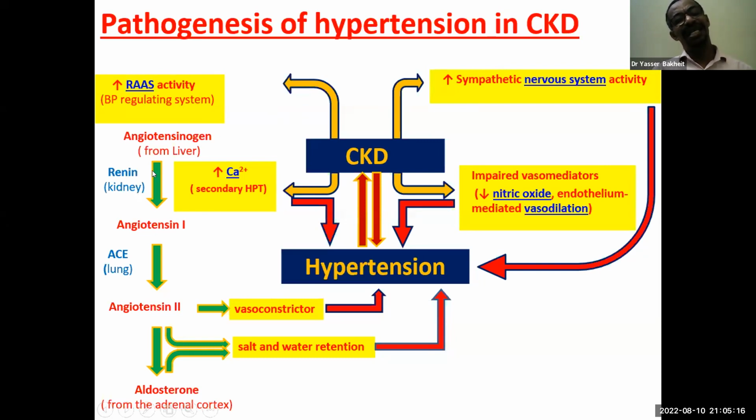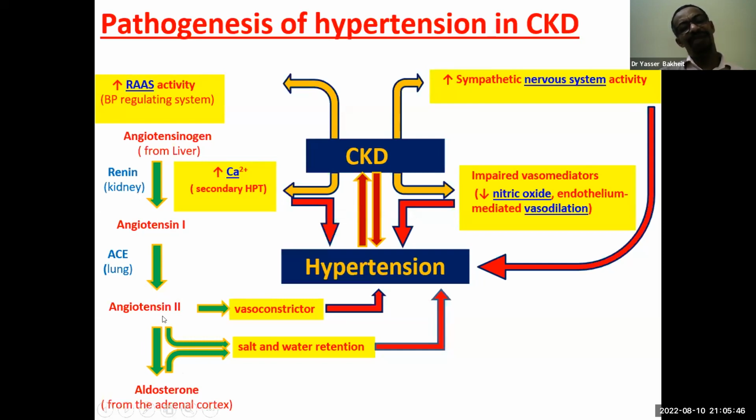which secretes renin in the kidney, which acts on angiotensinogen from the liver to form angiotensin 1, and angiotensin converting enzyme from the lung acts on angiotensin 1, and the result is angiotensin 2. Angiotensin 2 stimulates aldosterone.